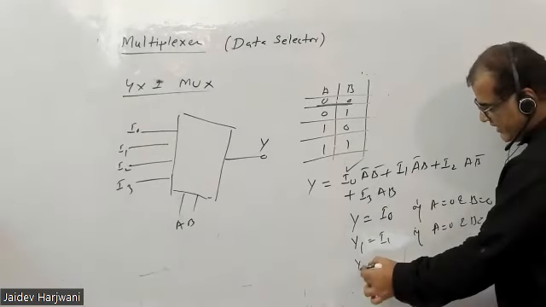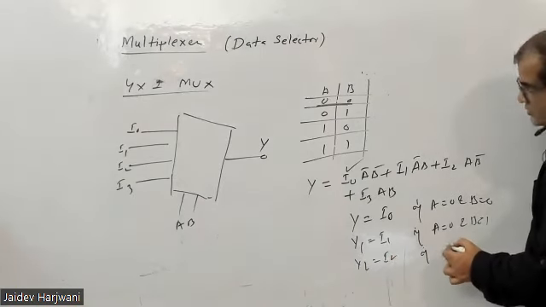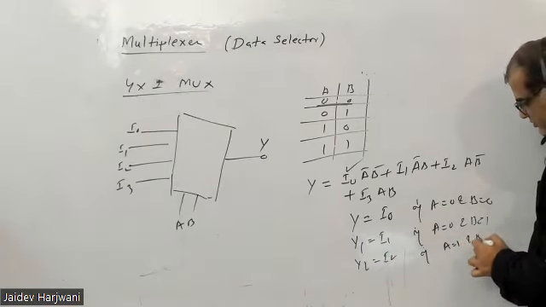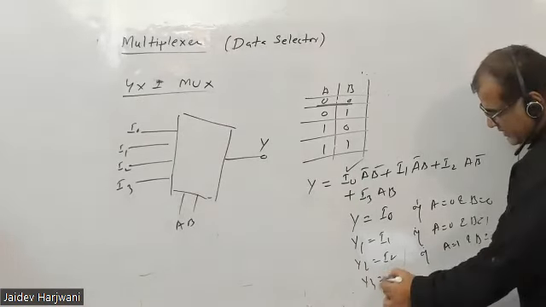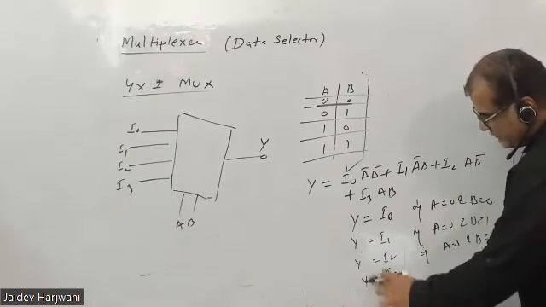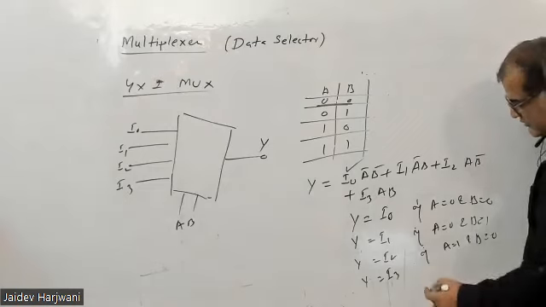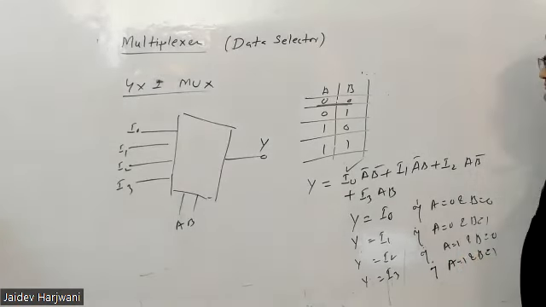Similarly, I2 will land here if you choose A equal to 1 and B equal to 0. Similarly, I3 will land at the output. This is only output Y. Okay, so input I3 will land if A equal to 1 and B equal to 1.